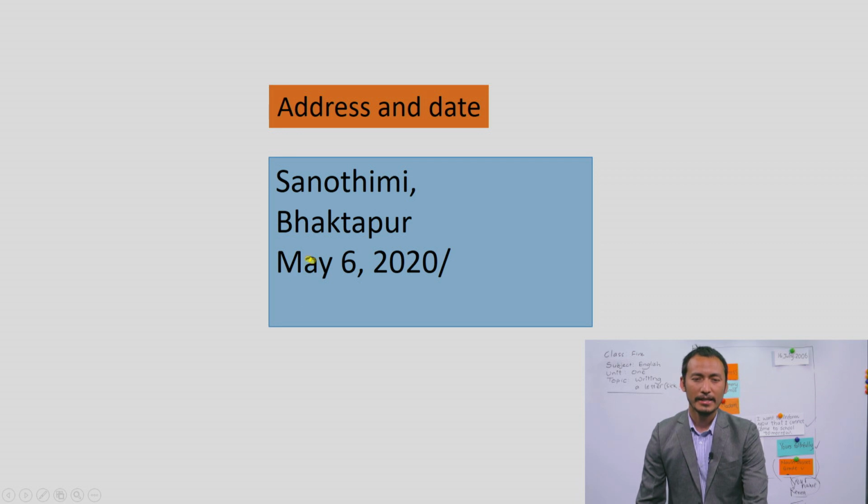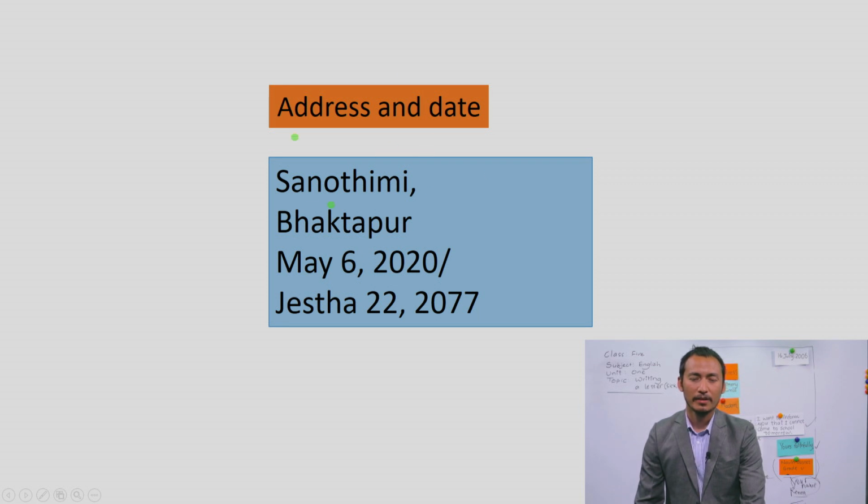You write the month in words, and then the date, for example, May 6, 2020. Or if you would like to write in Nepali, then you can write Jesta 22, 2077. This is the format you can follow while writing address and date.